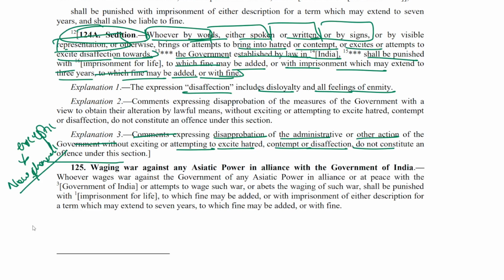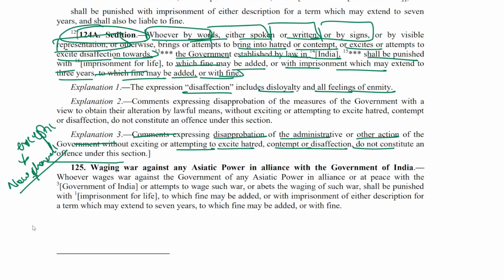We have the fundamental right to freedom of expression and speech, and in a democracy it is the right of the opposition and of the citizens to criticize the government if they have done something which is inappropriate and of no benefit towards the citizens of India. So sedition has to be understood, because you might not get questions over the same, but there are chances. So that is why you should understand that if there are comments expressing disapprobation of the administration.